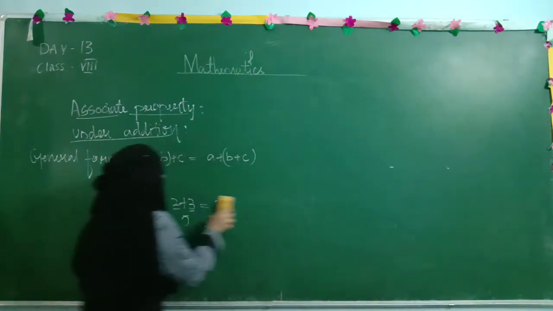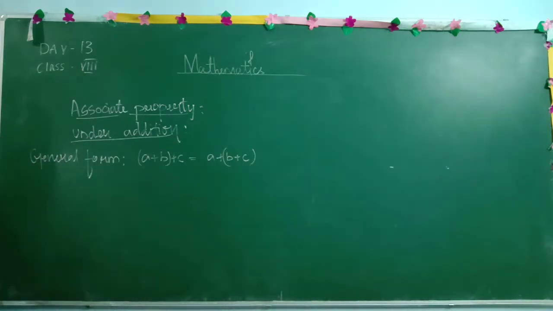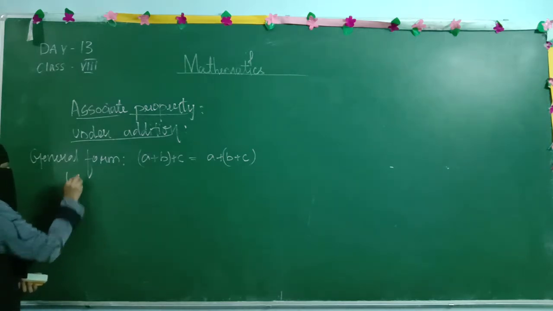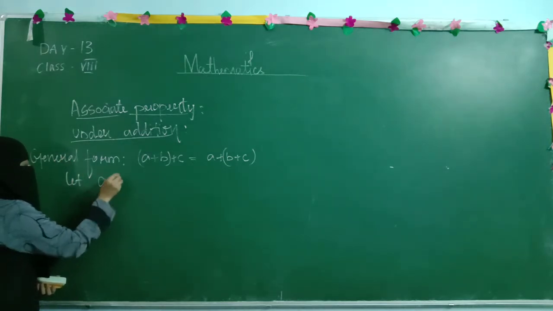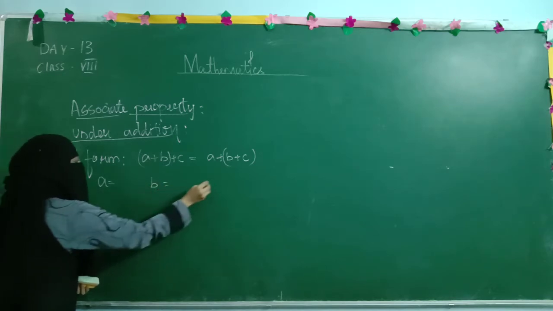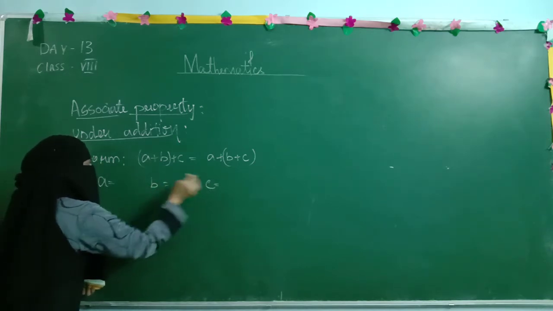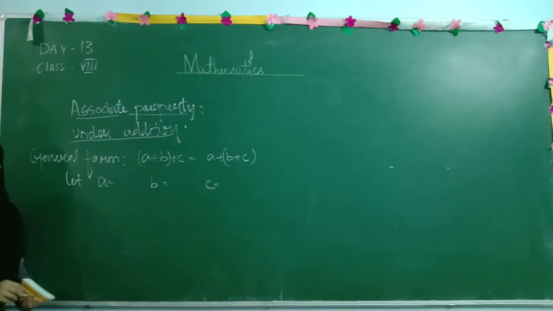So for this, we first have to take rational numbers of our own. Let A equals, B equals, C equals, where A, B, C are all rational numbers, and you know very well what rational numbers are.